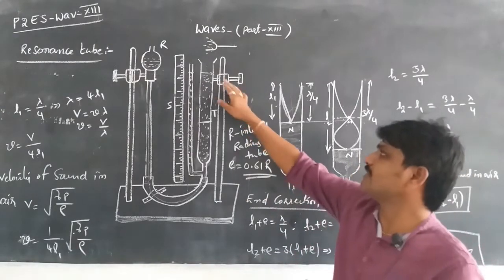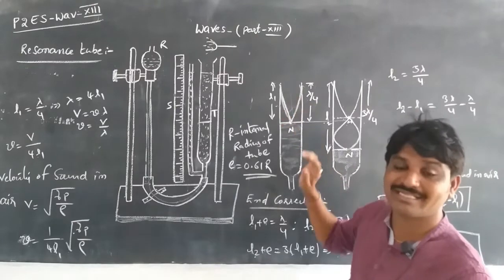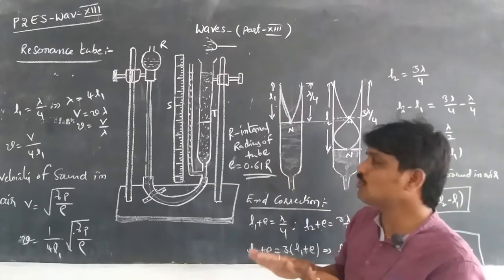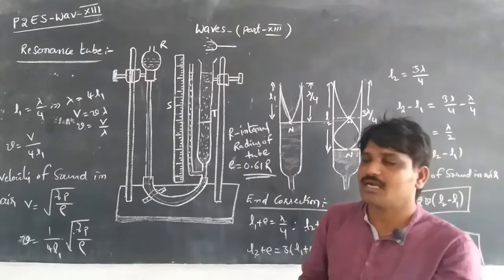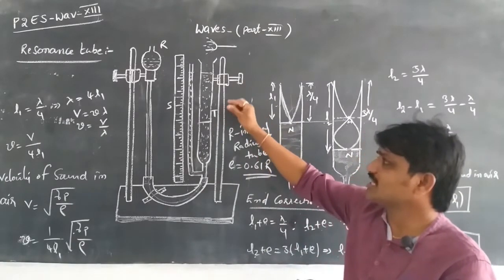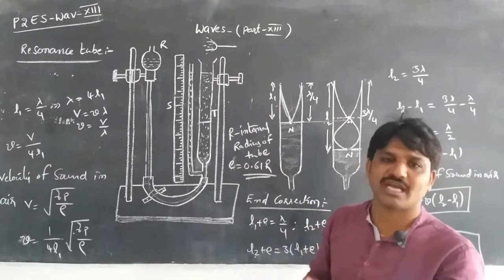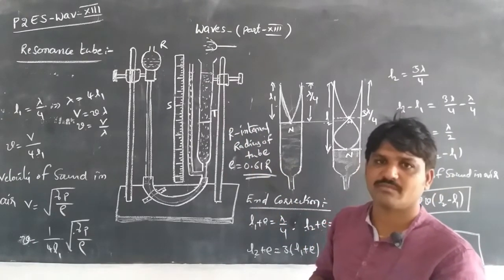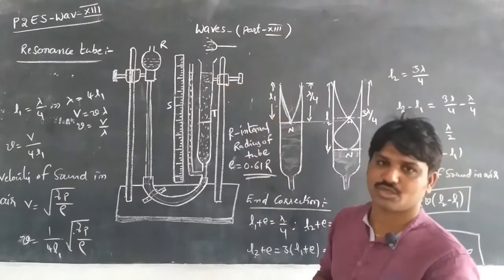So L1 is equal to lambda by 4 when the length of the air column equals the distance between the antinode and the node. After that, we change the water levels and repeat this many times by vibrating the tuning fork and putting it at the top of the tube.